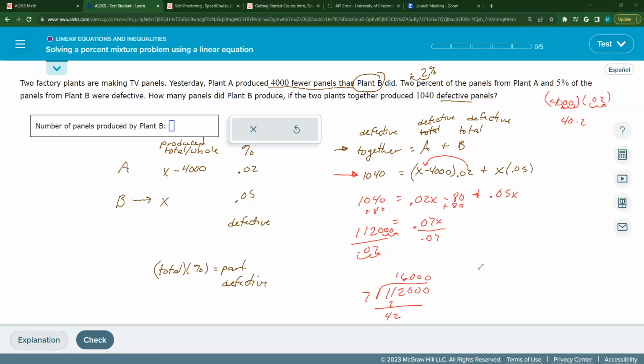So X equals 16,000. Okay. And X was my B, so this is 16,000. And it's asking for the number of panels produced by B, so it is just going to be my 16,000.